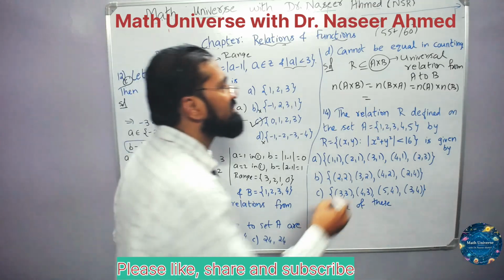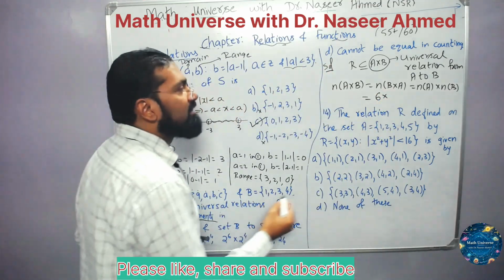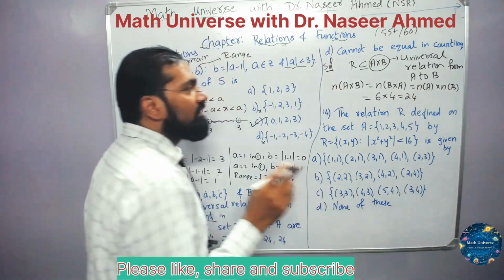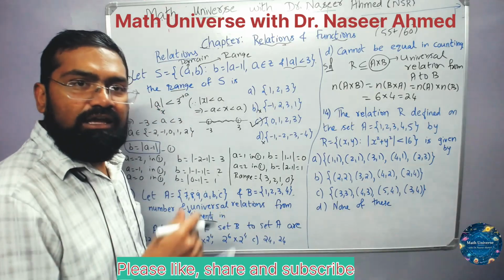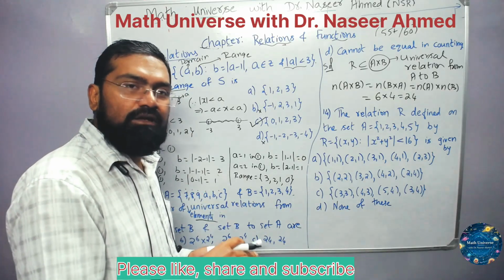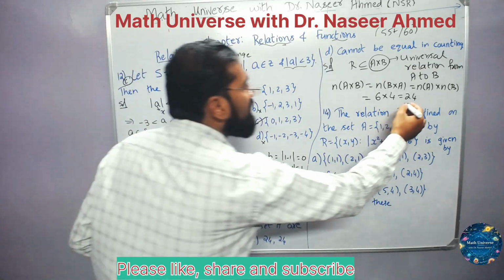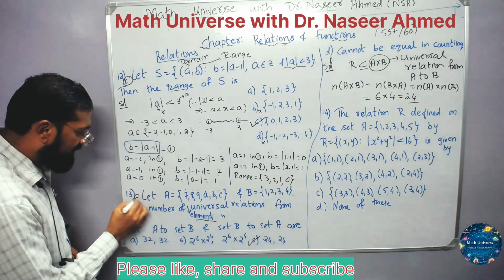So 6 elements are there in A, and how many elements are there in B? 4 elements. So 6 into 4, 24. Therefore, both the universal relation A cross B and B cross A will have the same number of elements, that is 24, which is option C. So option C is correct.